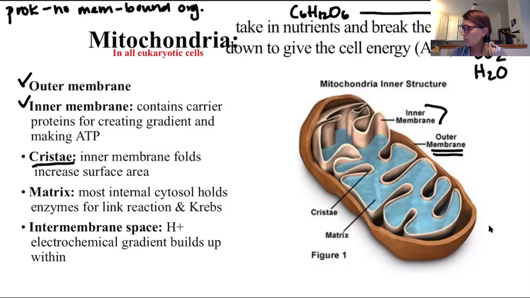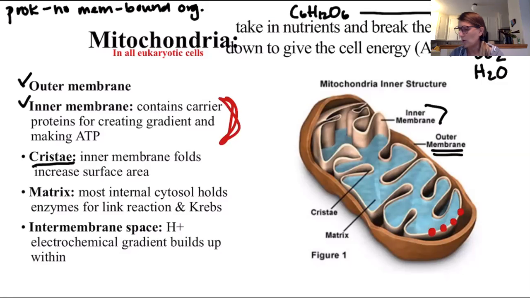On those inner membranes, we are going to see that they have carrier proteins, and I'm just going to draw some here. We're going to see enzymes. We don't have to know what they are really yet, but there are enzymes. Of course, I drew it right where my face was. Sorry.